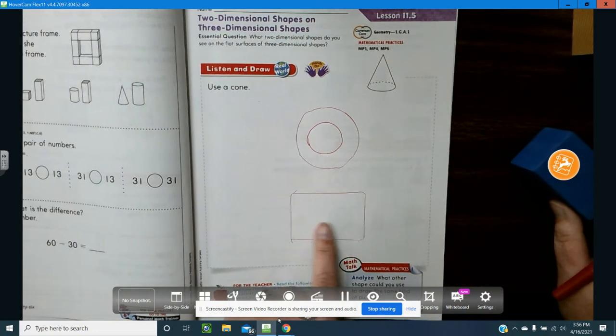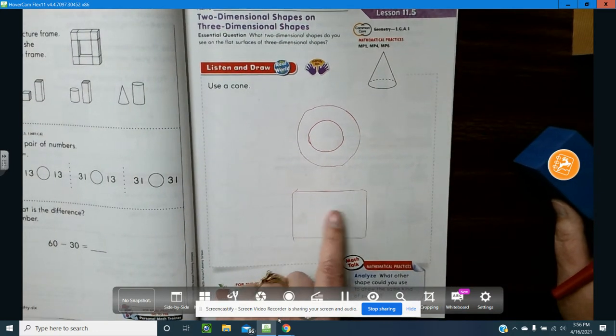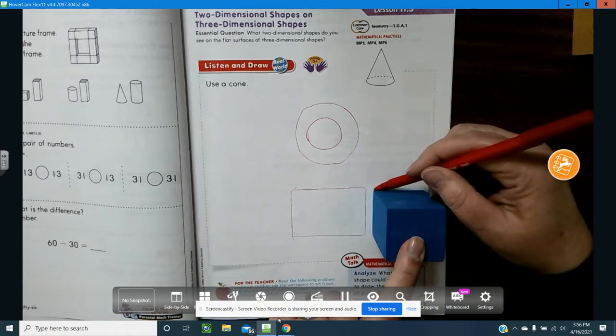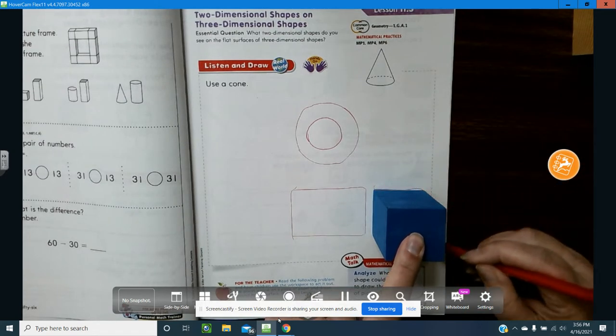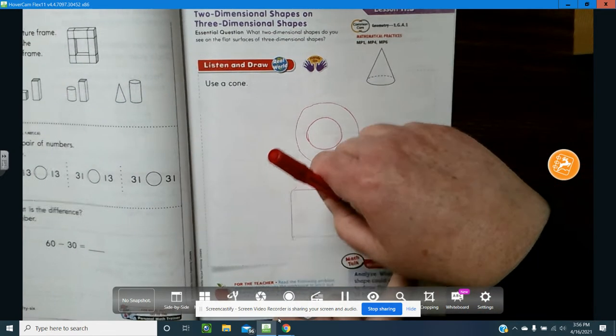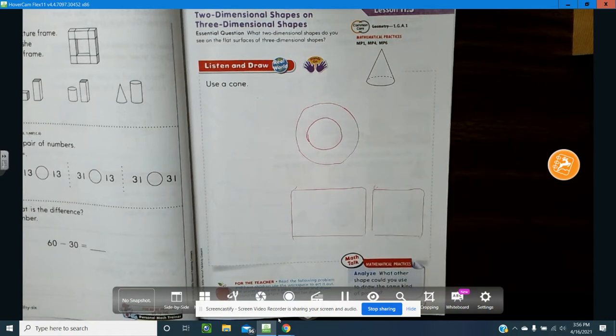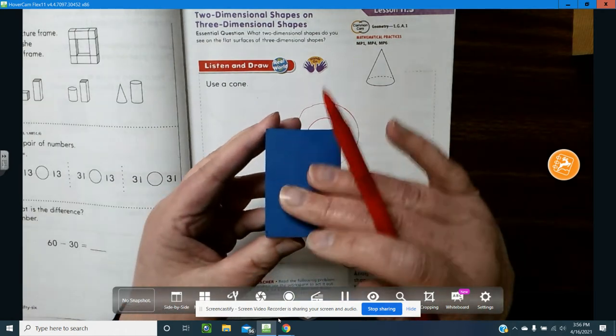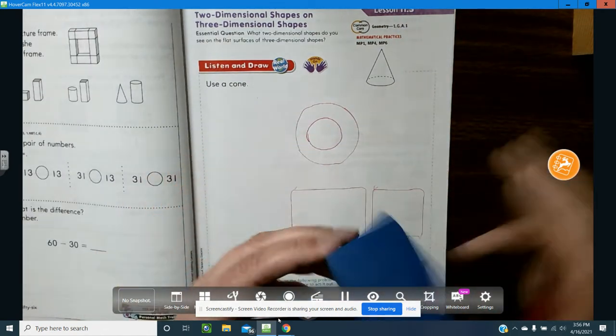But if you trace around a rectangular prism, you can get rectangles. And if you trace around the other end of it, you might even get a square.